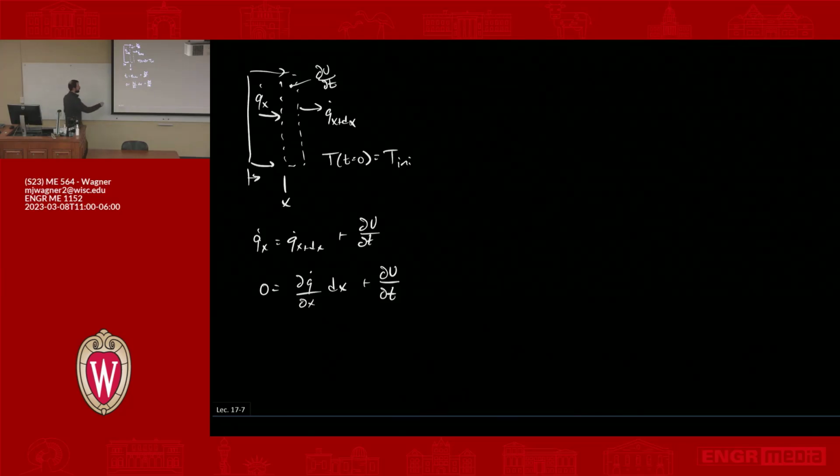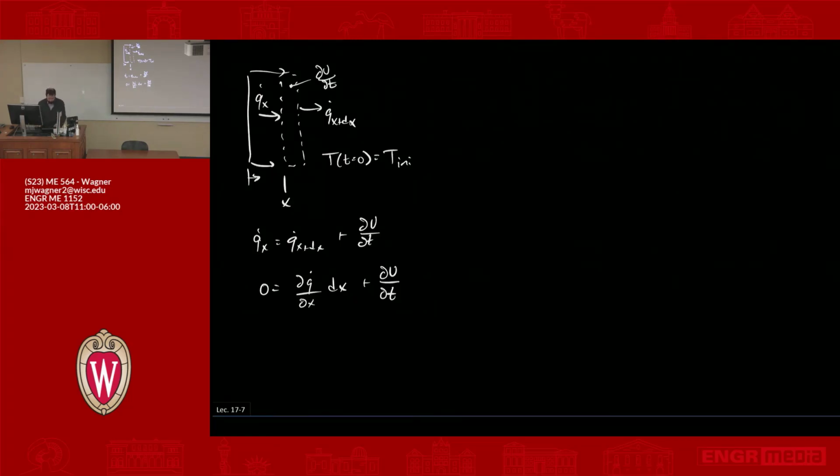But I'm just taking this term, saying it's q dot x plus dq dot x dx times dx, this thing here, and then this carries along. Okay, so we need expressions for these two terms.